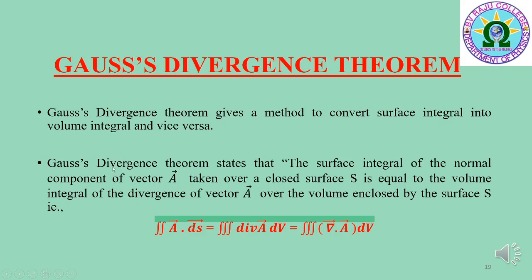Gauss divergence theorem states that the surface integral of the normal component of vector A bar taken over a closed surface S is equal to the volume integral of the divergence of vector A bar over the volume enclosed by the surface S. That is, the surface integral of A bar dot ds bar, that is the double integral of A bar dot ds bar, is equal to the volume integral of div A bar dV, that is the triple integral of del bar dot A bar dV.